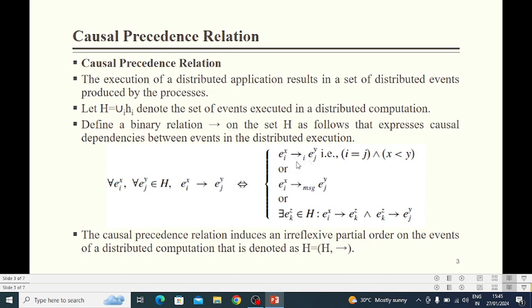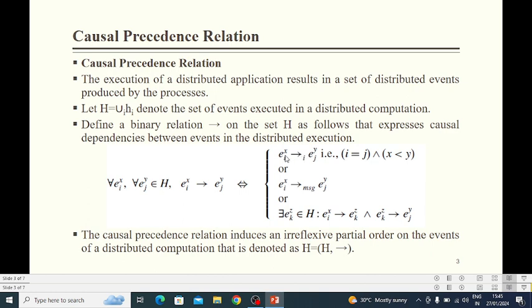This is the binary relation, and it expresses causal dependencies among the events of Pi and Pj.